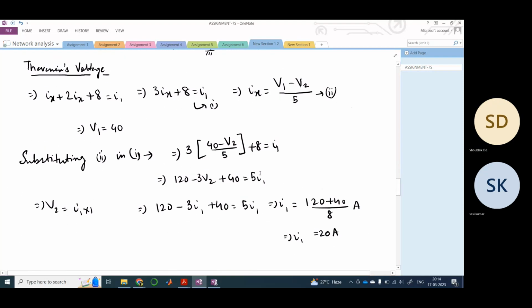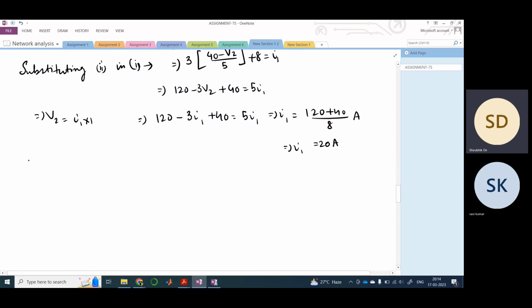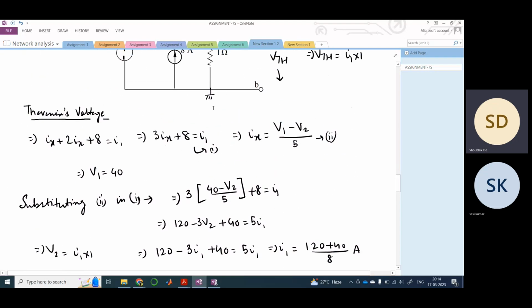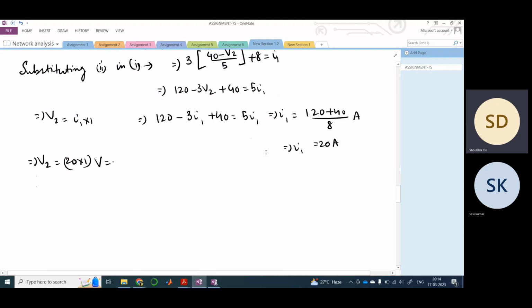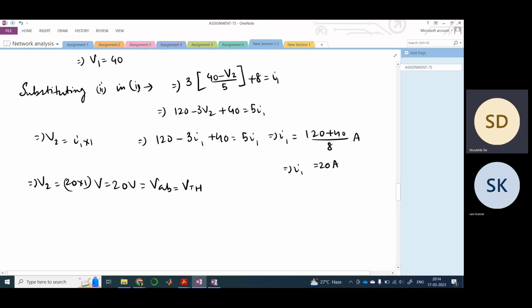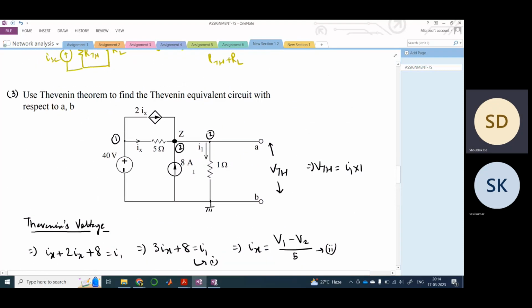Therefore, your V2 would be 20 into 1, which is 20 volt, which is nothing but your VTH, because this is connected between terminals A and B, right? So this is VAB equal to VTH equal to 20 volt. So we have calculated the Thevenin voltage.